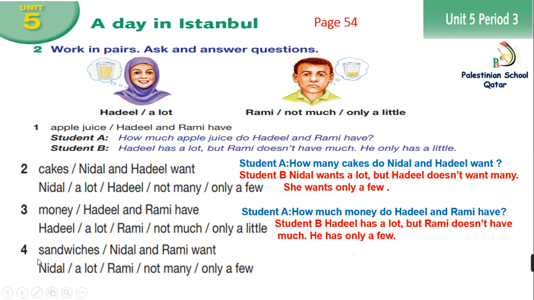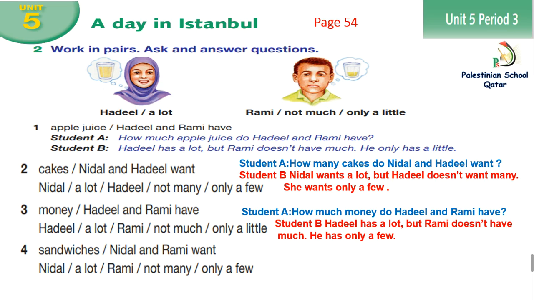Number 4, sandwiches Nidal and Rami want. This is the question. With sandwiches, how many? We can say, how many do Nidal and Rami want? Or we can say, how many sandwiches do Nidal and Rami want? And the answer, Nidal wants a lot, but Rami doesn't want many.